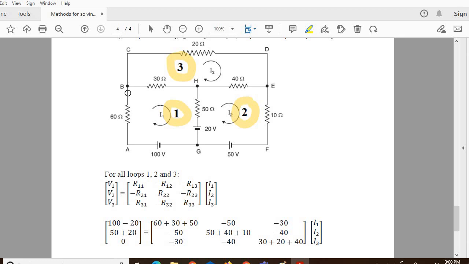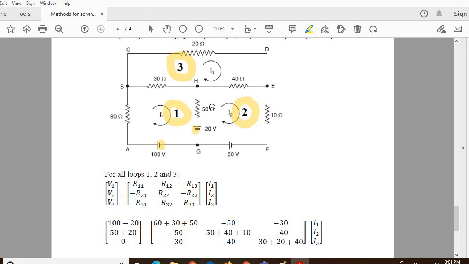Now in the first loop, I have 2 voltage sources, one is 100 volt and the other 20 volt. If you observe, the negative polarity of the 100 volt source is connected to the negative polarity of the 20 volt source. So the polarity is the same, so we are going to have subtraction, that is 100 minus 20. So you can see here 100 minus 20, that is the first loop.